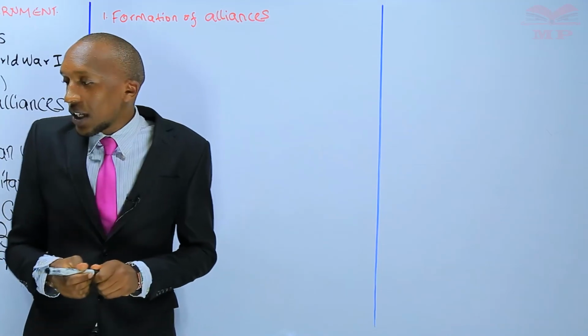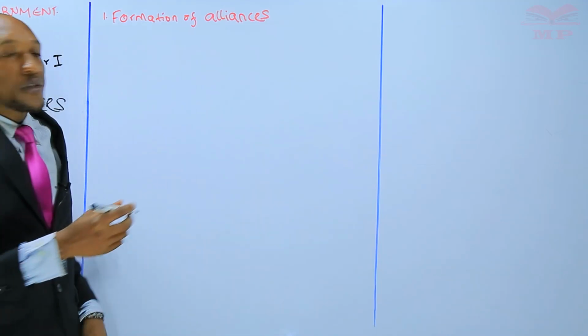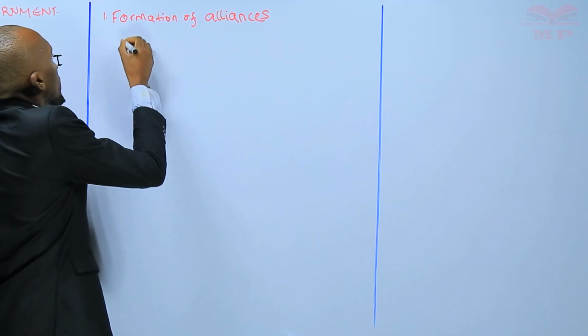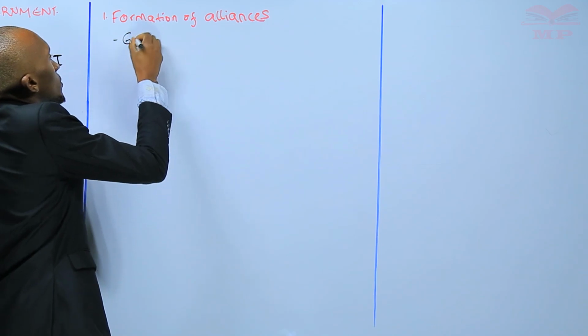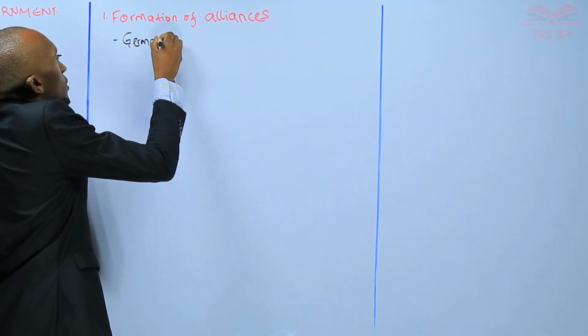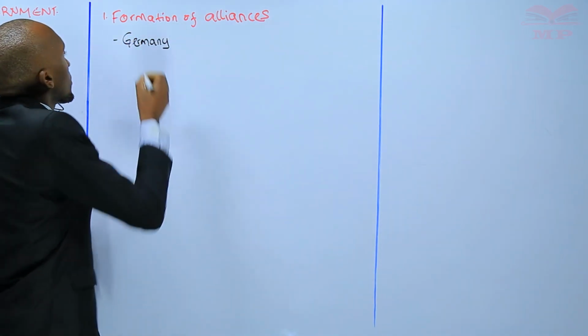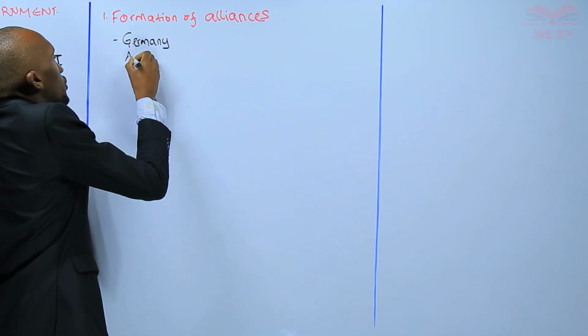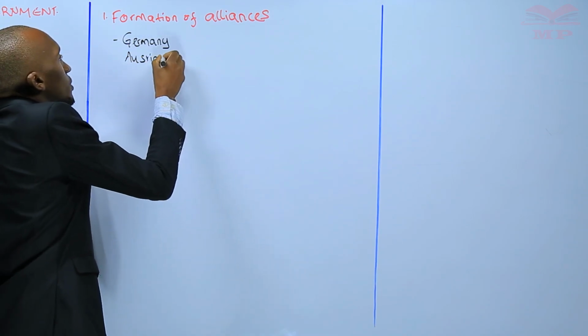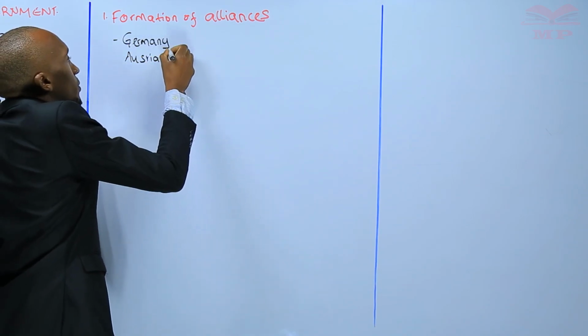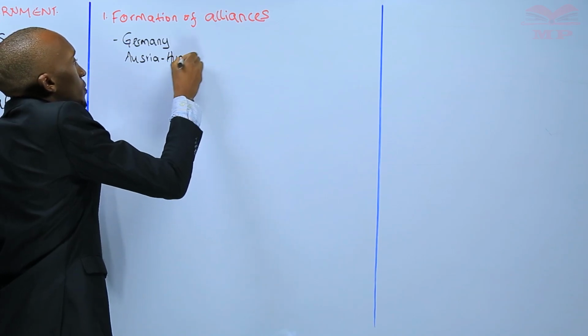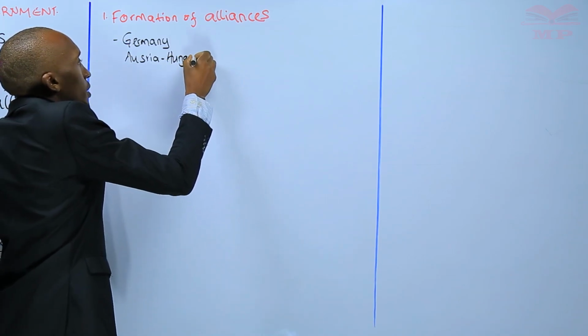The first alliance that we are going to look at was between Germany and Austria-Hungary.